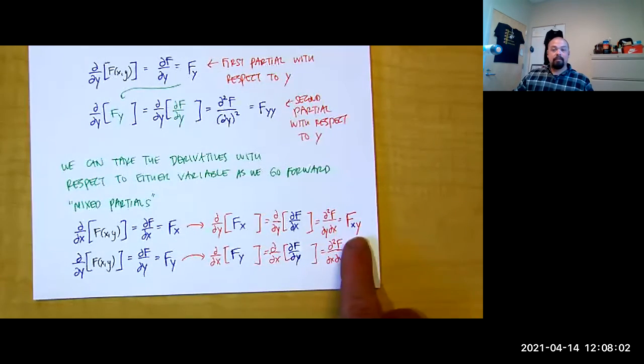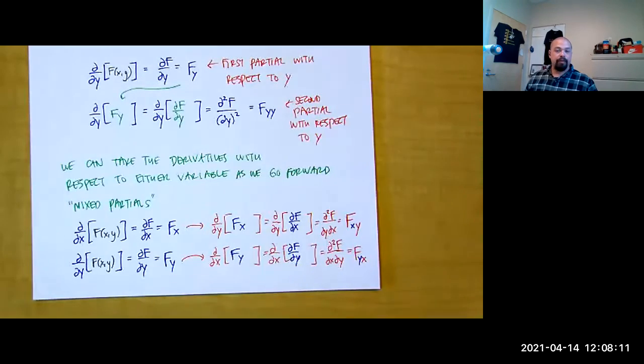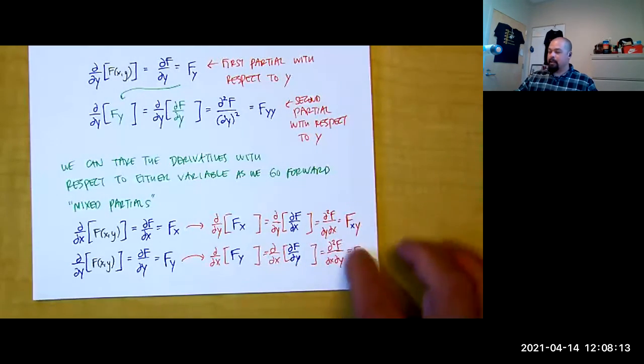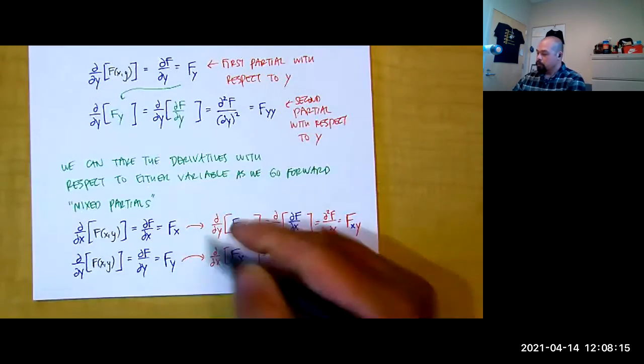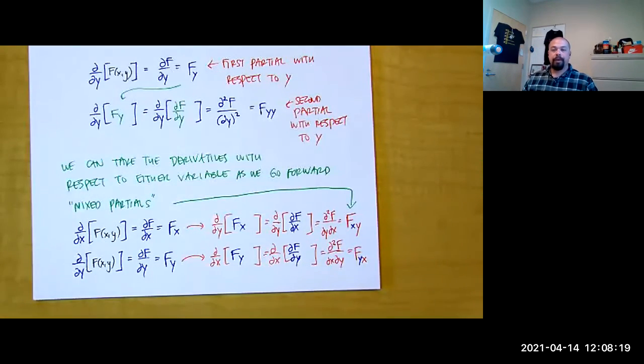All right, so we're mixing the variables instead of having all x's or all y's. So there's our mixed partial derivatives, right, to get this second result. Okay.